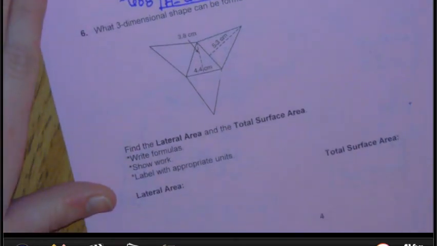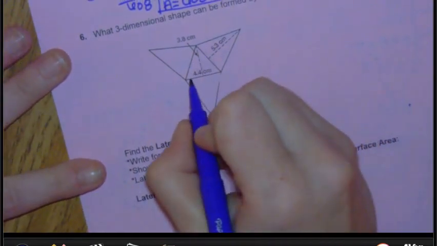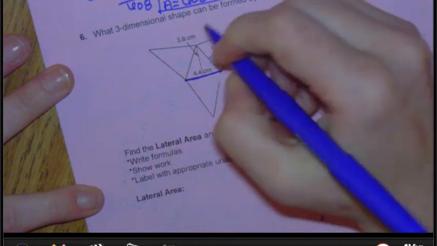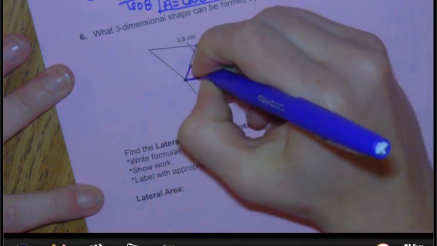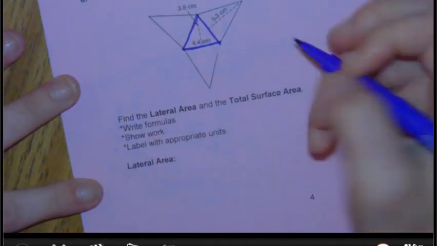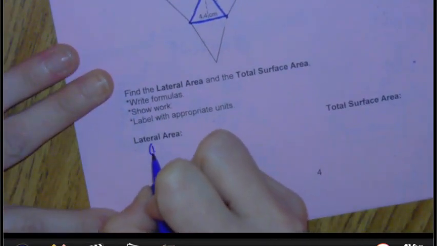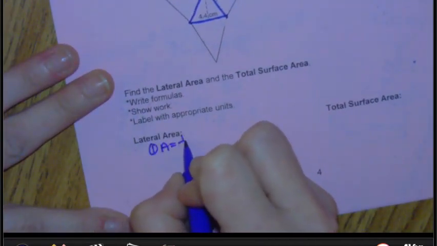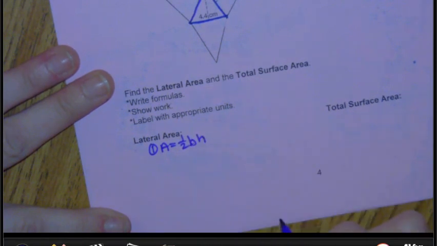All right, number 6, I have a pyramid. It looks like I have 3 triangles. All of my sides for my triangle down here are 4.4. Okay, so for my one side triangle, let's go ahead and do the area. Area is equal to 1/2 base times the height.